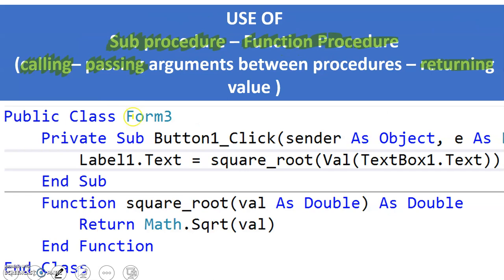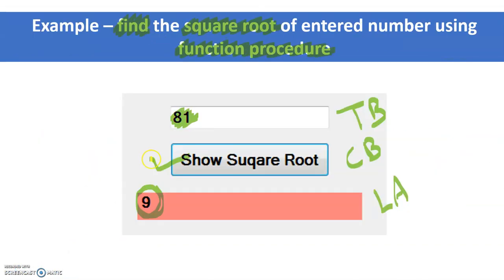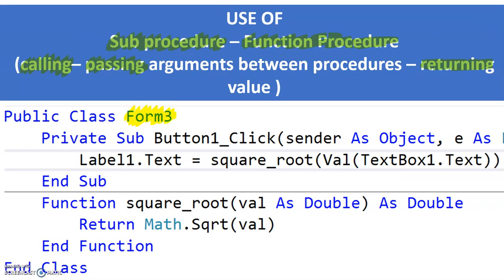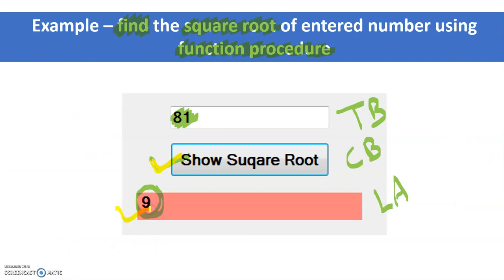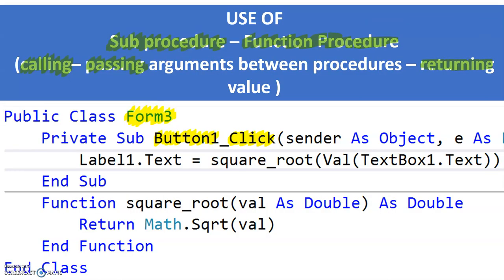Here we have taken one form, and here we have one command button. On the click event of this command button, we need to write the code for whatever we want to perform. I have not given the button a name, so it is Button1 and the click event of Button1. We want to find the square root, and whatever answer we get, we want to print on this label. See what we are doing here.